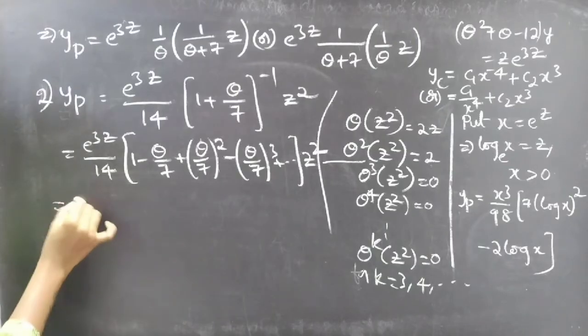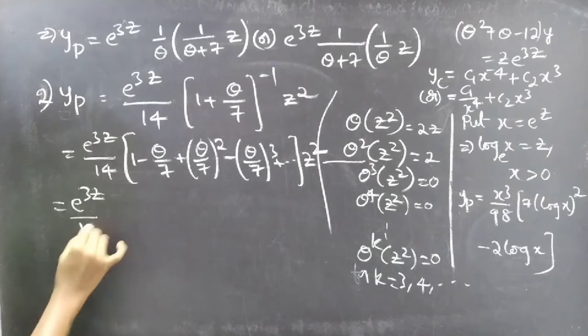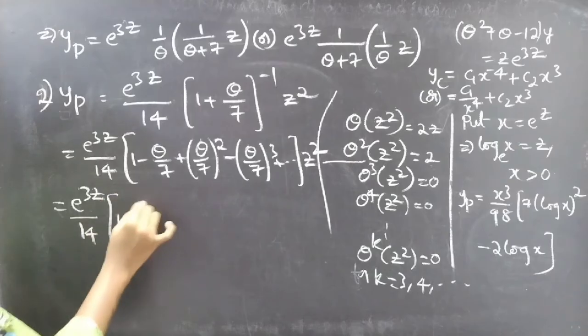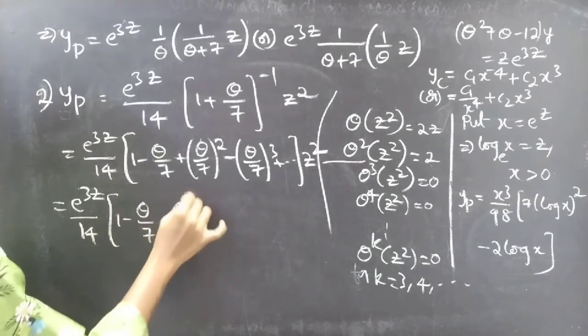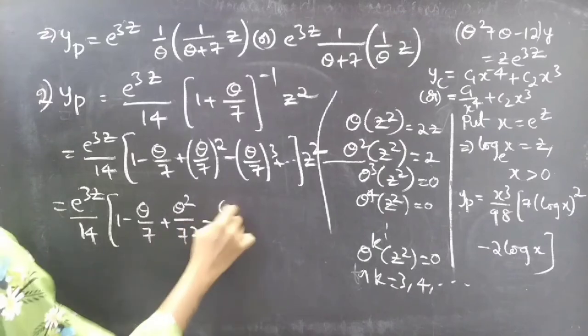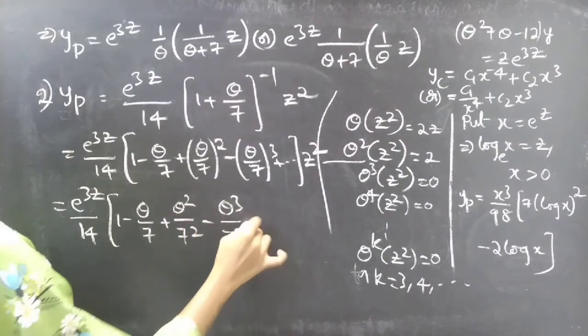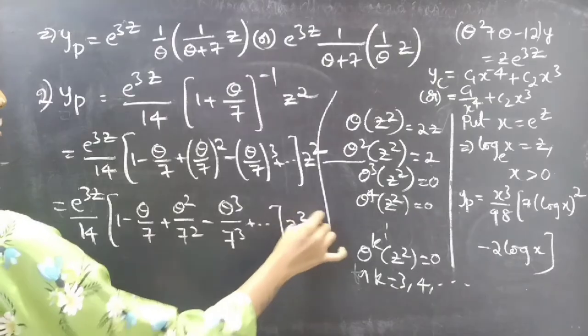Then this becomes e power 3z by 14 into (1 minus theta by 7 plus theta square by 7 square minus theta cube by 7 cube plus so on) into z square.